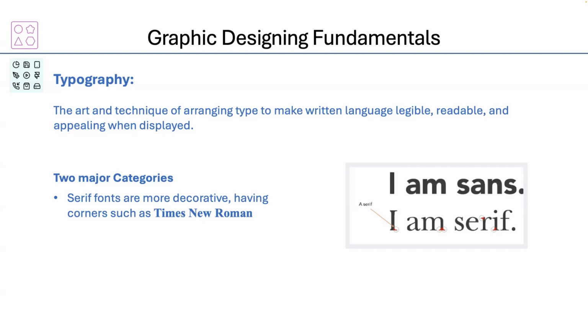So the third pillar of graphic designing is typography. Typography is relevant to the text, that what type of text you should choose while you are designing something. It should be legible, it should be readable, and it should be appealing to the readers.